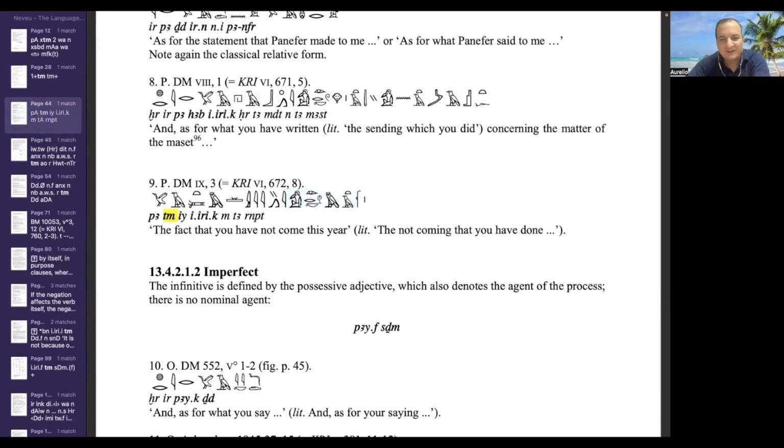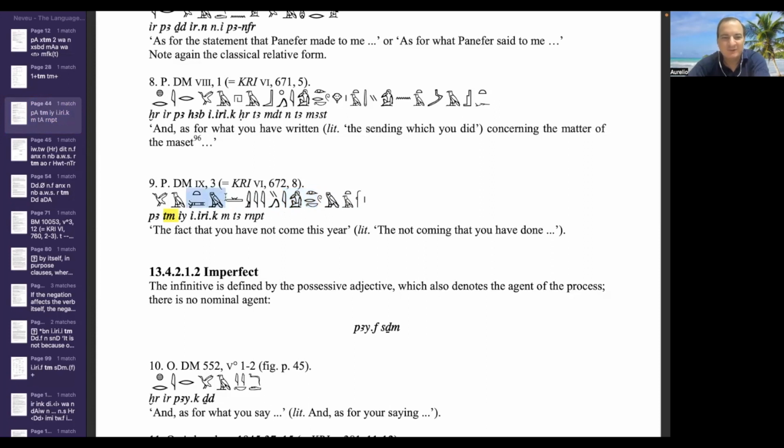That is a relative, that you have done. So basically it's iri, the verb to do, but with that extra prothetic yod in front of it. So that makes it into a relative. And the K at the end tells you who the doer is in the relative. So irik, that you have done. The coming that you have done, tarampet, that you have done this year.